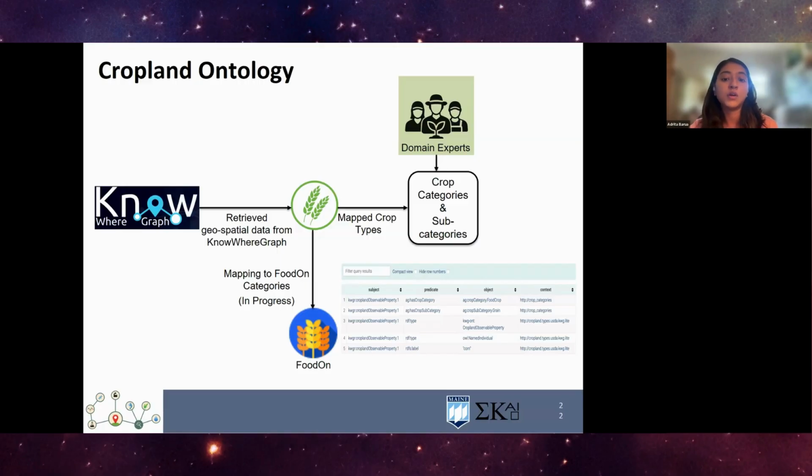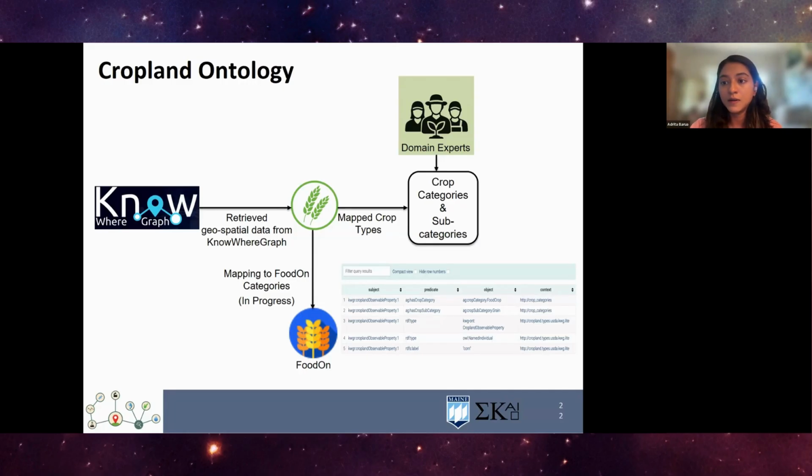So for example, you could now query the graph for a specific food product, if it is made from a material which has corn in it, which are the areas where this material is grown specifically, and if it has any land or areas around it which has PFAS contamination. So this was the broader idea of the cropland ontology.